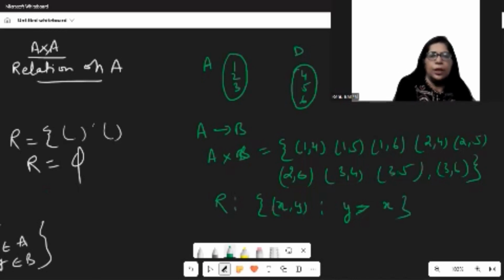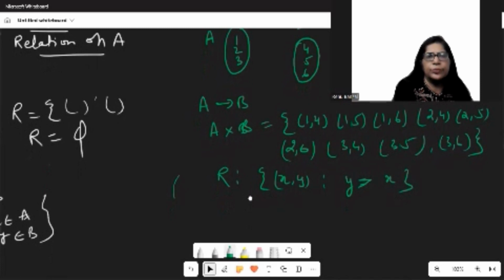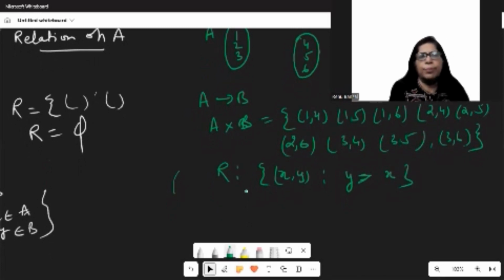Okay, beta. Now, if I see this relation, in all ordered pairs of the Cartesian product, everywhere my Y is greater than X. Right?